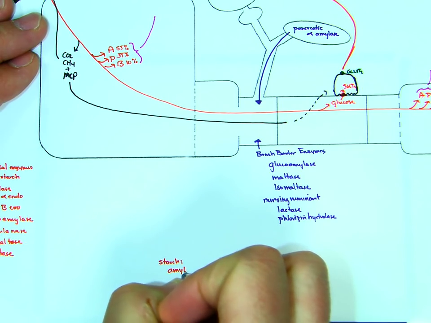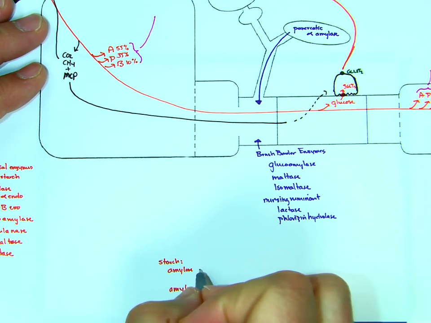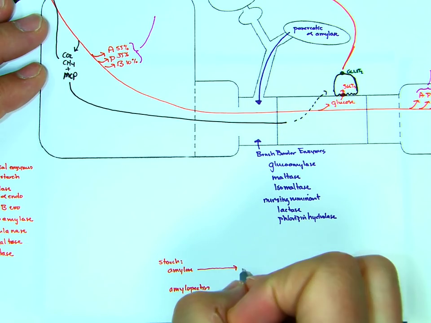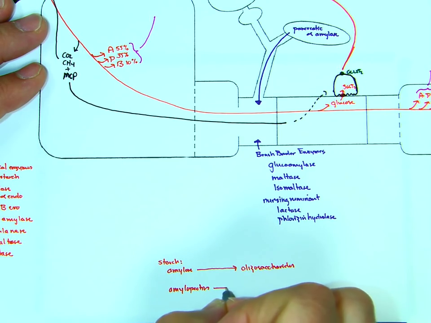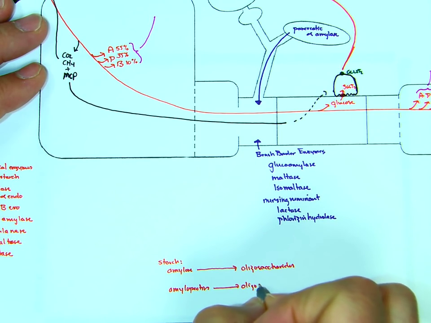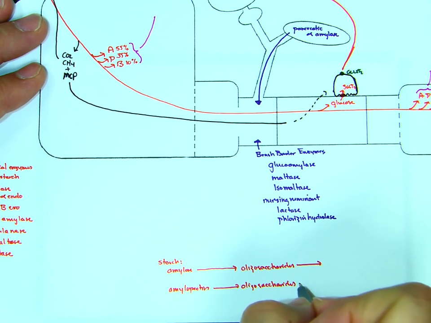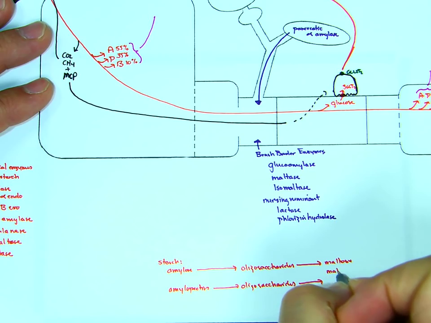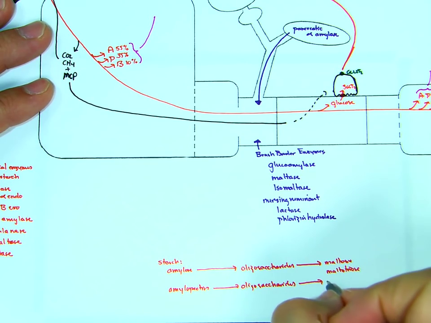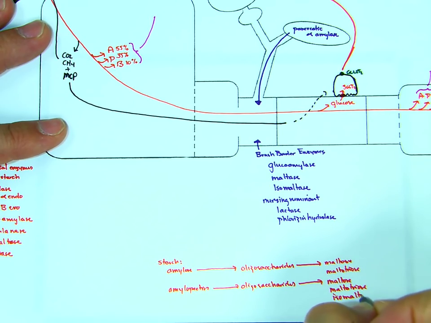And again, amylose, amylopectin, become oligosaccharides, become maltose, maltotriose, isomaltose.